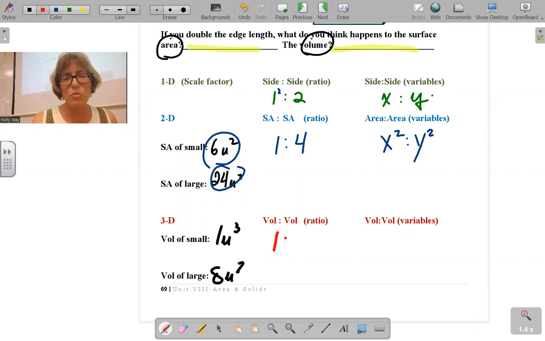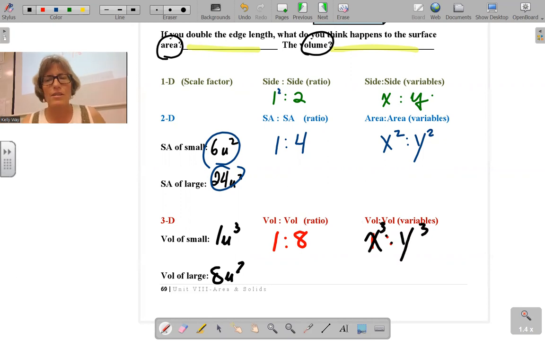My volume is 1 to 8. If you watch carefully, if I take the 1 and cube it, I get 1. If I take the 2 and cube it, I get the 8. So my ratios change with the dimension.